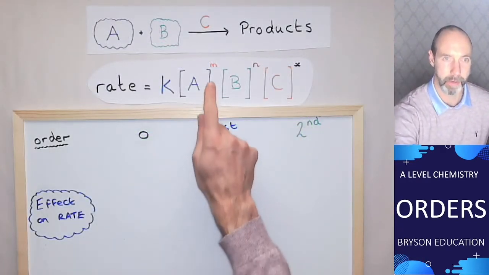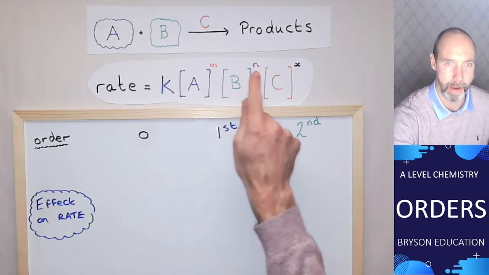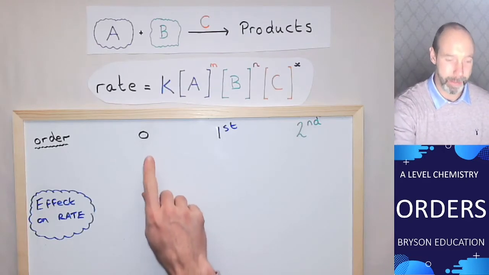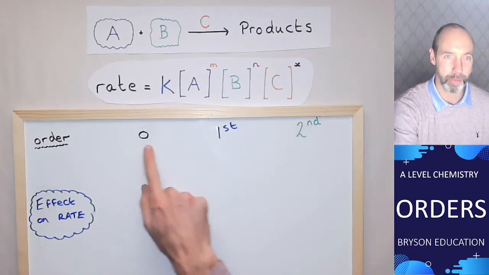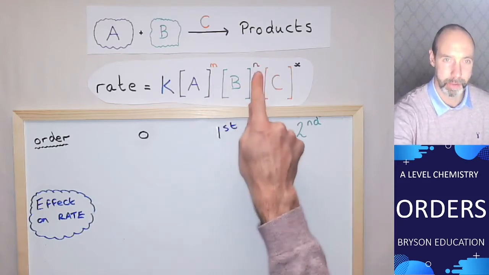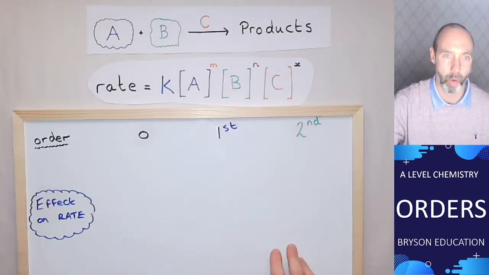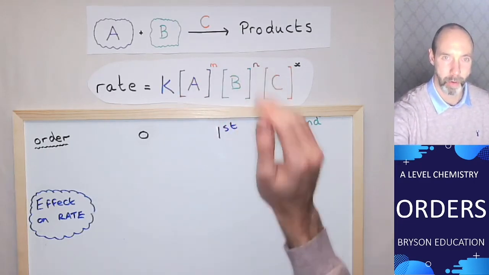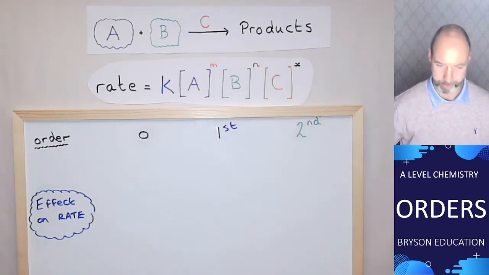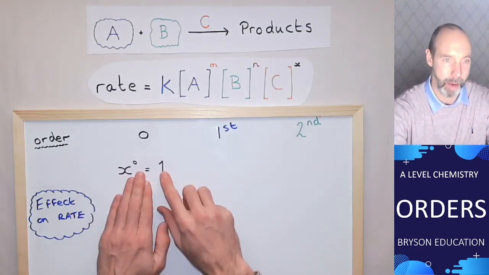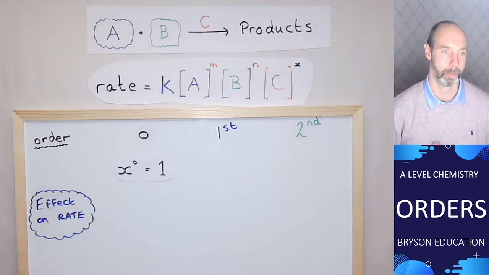Okay, so let's start looking in some more detail about these terms, these orders here. Now we are going to be limited to using 0 order, first order, second order, which means these numbers are limited to 0, 1, or 2. So it's either to the power of 0, to the power of 1, or to the power of 2. Now let's remind ourselves, anything to the power of 0 is just 1.